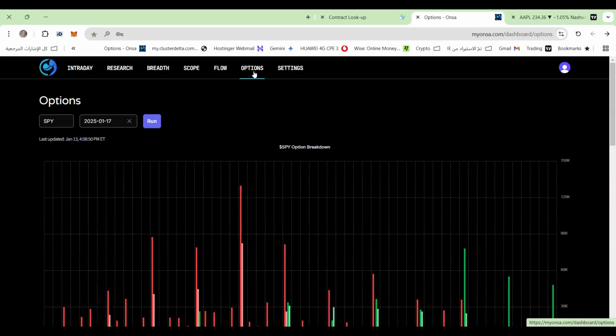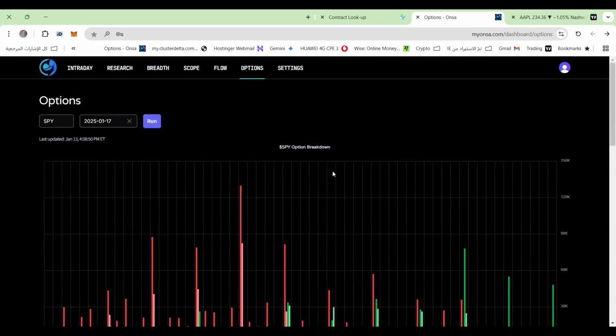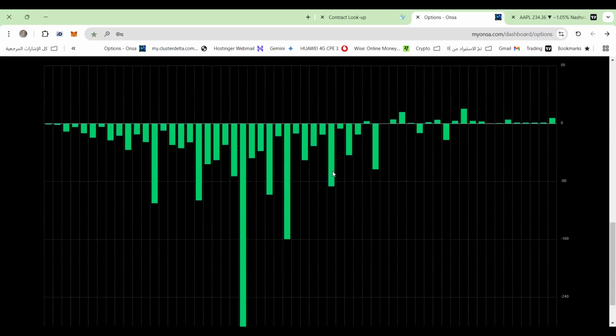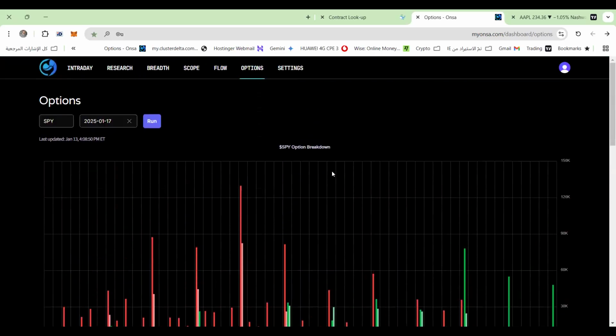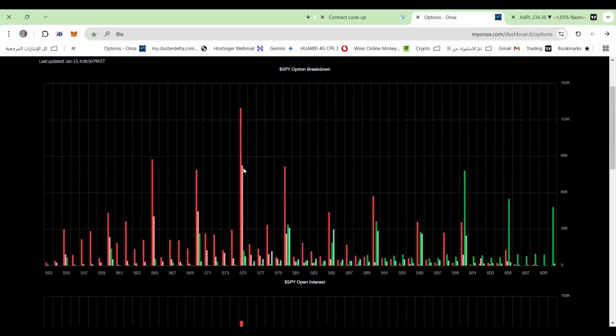So you can notice that we separated the screen into three sections. Section one, the option breakdown, shows the volume compared to the open interest, and it's very necessary to notice if we've got some imbalance. What does imbalance mean?